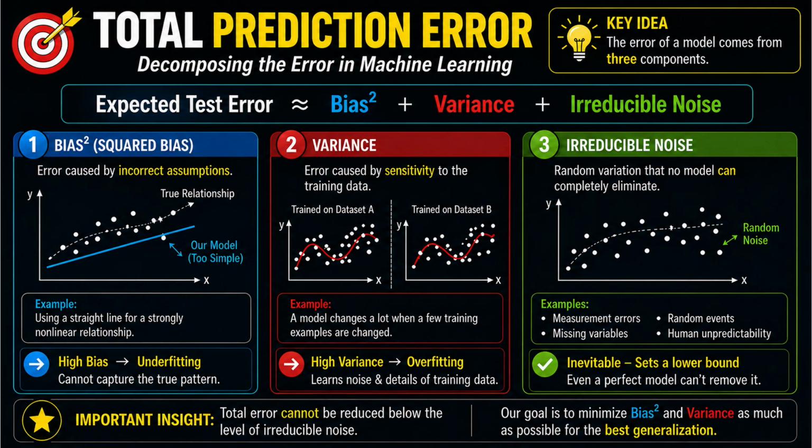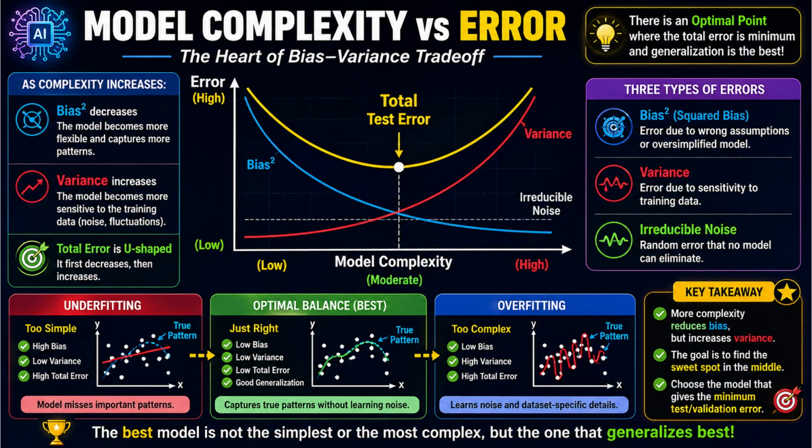So total error cannot be reduced below the level of irreducible noise. Our goal is to minimize bias squared and variance as much as possible so that you get the best generalization. As the model becomes more flexible, bias squared decreases and it captures more patterns. We've already seen this. So the total error is U-shaped.